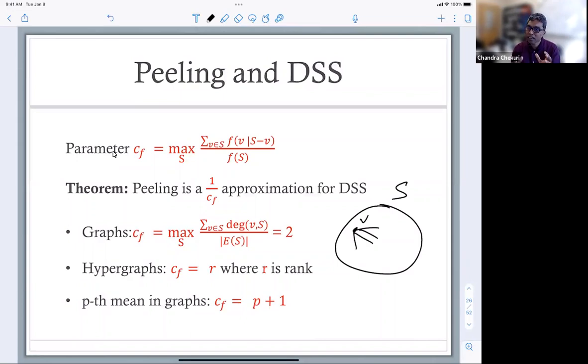We are measuring the sum of the degrees divided by the number of edges in the subgraph. But that's exactly 2 for any subset of vertices. So this parameter CF, when you specialize it to graphs, is exactly 2. So what we are proving is a generalization of the peeling algorithm's analysis. You're getting a half approximation for graphs, but it's really not about graphs. For any supermodular function, you'll get a 1 over CF approximation if you do this peeling.